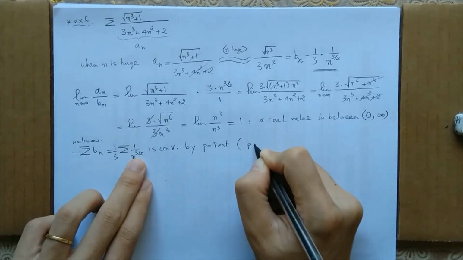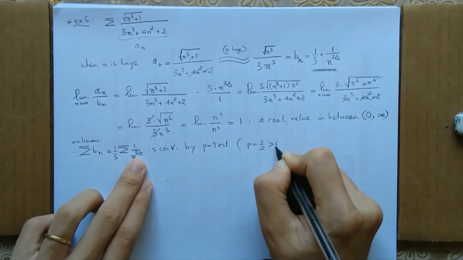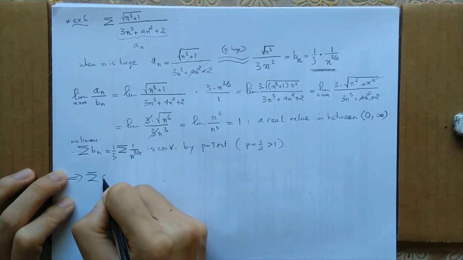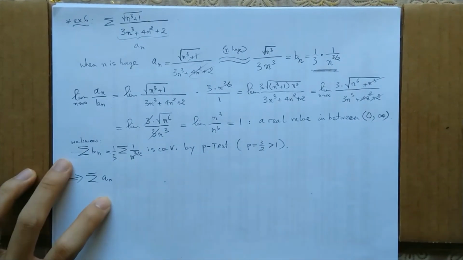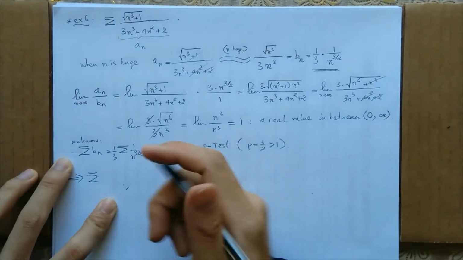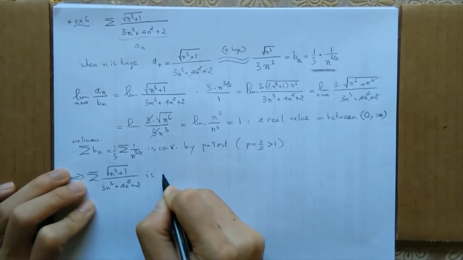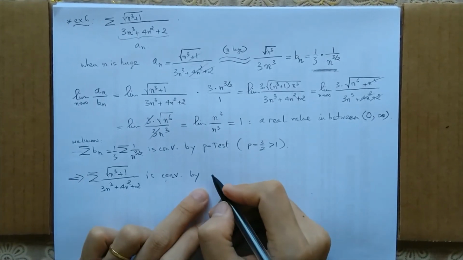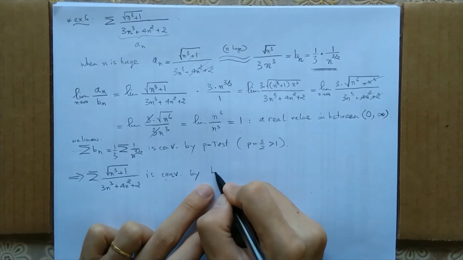In this case, p is 3/2 greater than 1. So that implies the convergence of An as well. And what is An? We may want to rewrite it one more time. Is convergent by the limit comparison test.